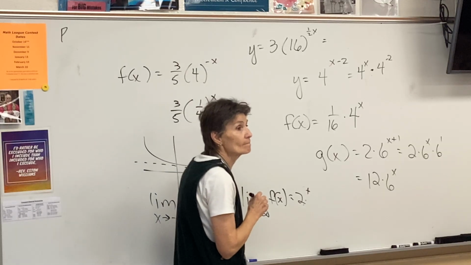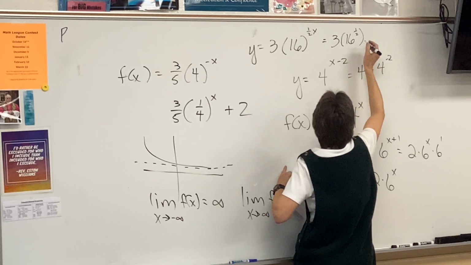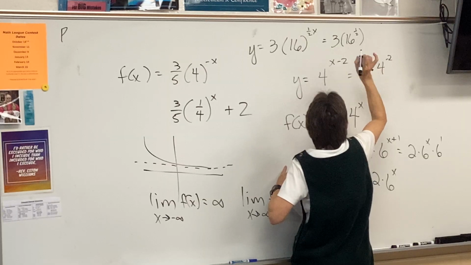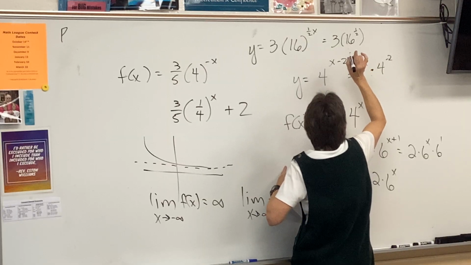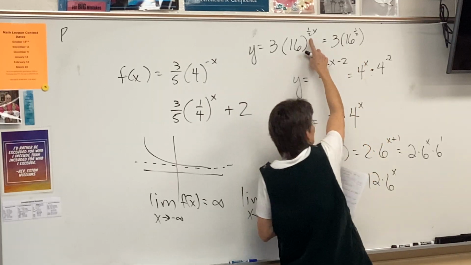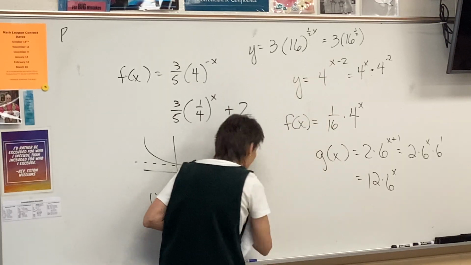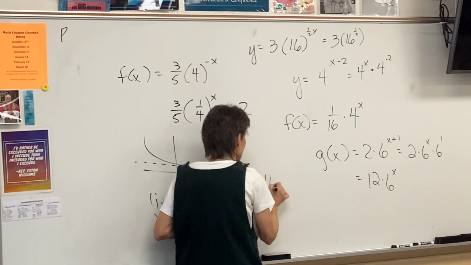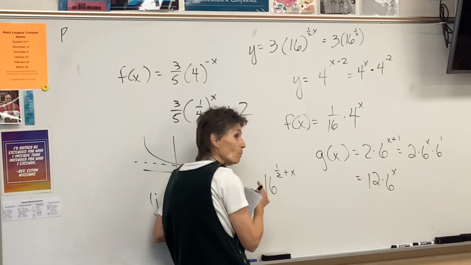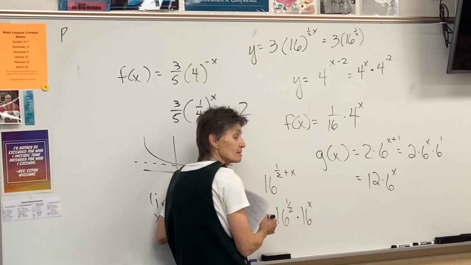I did 16 to the... is a multiplication. So if the problem had been 16 to the 1/2 plus x, that would be 16 to the 1/2 times 16 to the x.